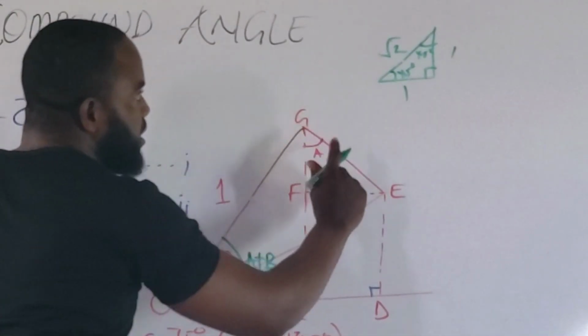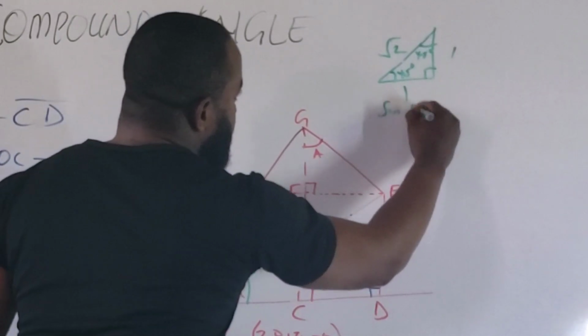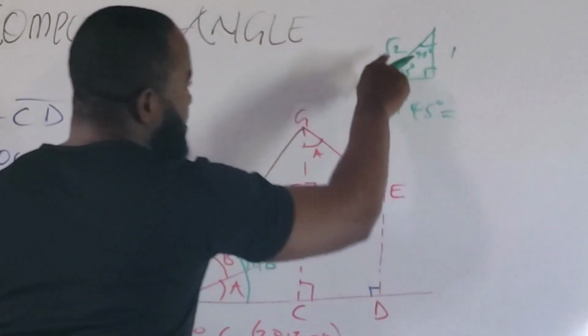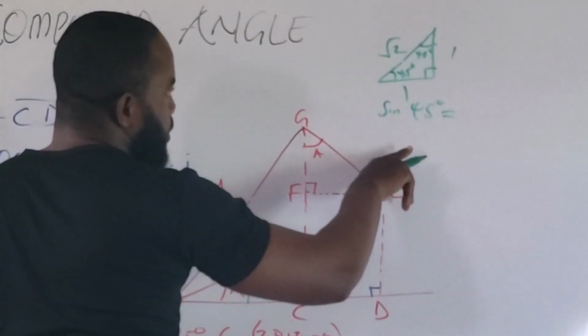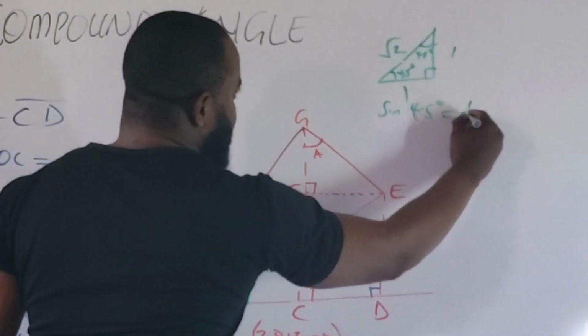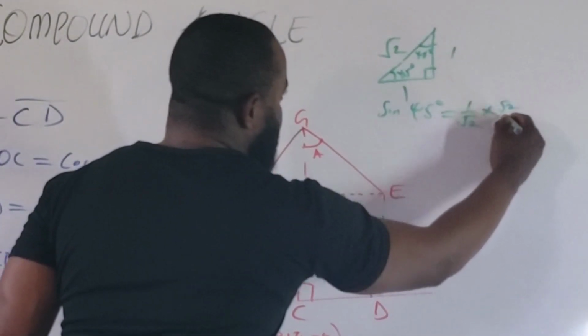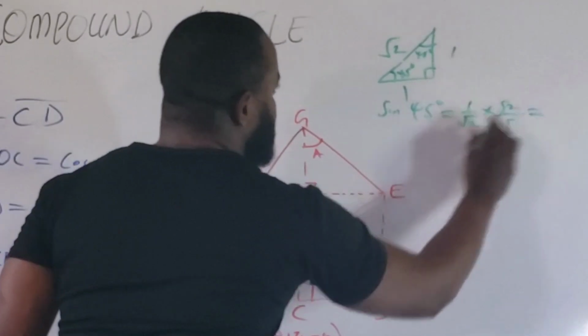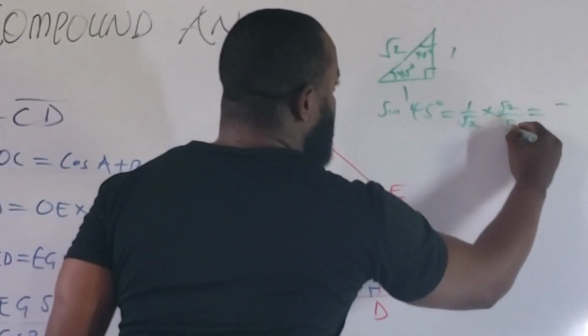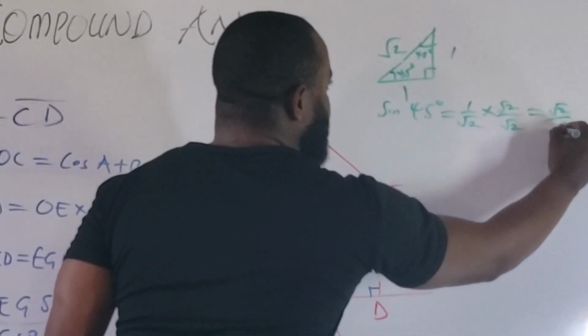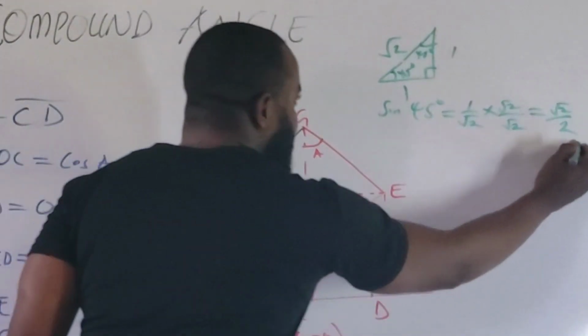And from here, what is sine of 45 degree? You know, that simply would be equal to the opposite divided by the hypotenuse. If you rationalize it, you have that to be equal to square root of 2 divided by 2. You probably recall this method, right?